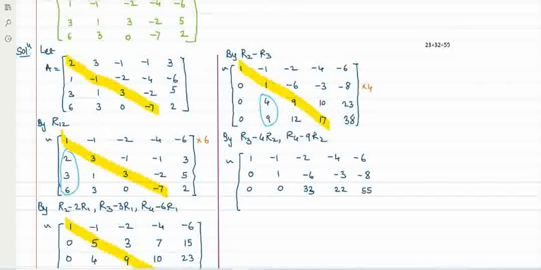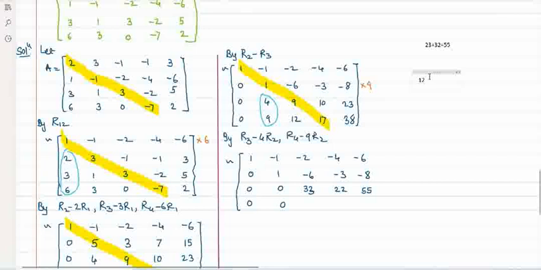Now the next, you have to multiply by 9 and then subtract. Obviously, this is 0. This is 0. Okay, here I will write. What is the element? 12 minus minus becomes plus 6 into 9, 54, so 66. Correct.